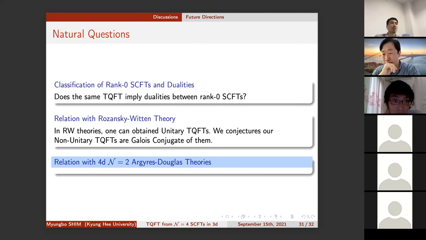The Higgs branch of this 3D N equals 4 theory is the instanton moduli space, the k-instanton moduli space. And then if you consider the twisted index of this theory, it should be related to the necklace partition function. But I don't know how.